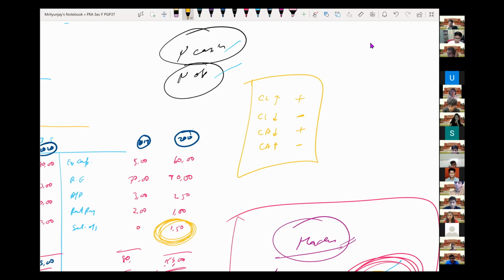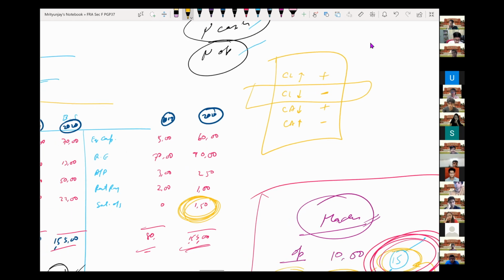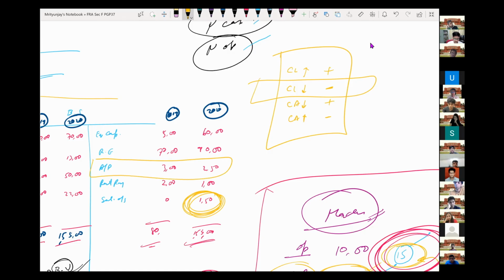Can anybody tell any similar explanation about why I want to subtract current liability reduction? Can anybody explain it to the class? Batao. In this example, if we see the accounts payable, earlier it was 3 lakhs and now it is 2,50,000.